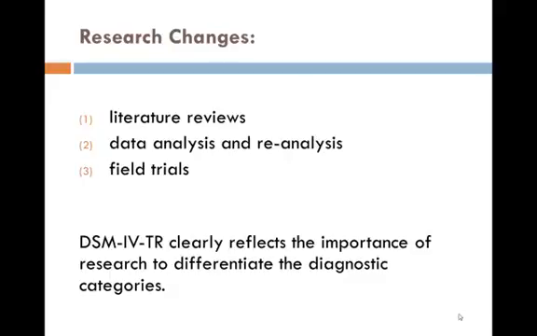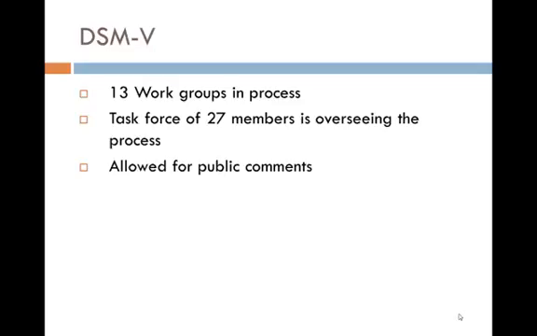So I've made reference to the DSM-5 that will be coming on the scene next year, and in an effort to ensure that the DSM has further reached its mark of proficiency and excellence, they started with 13 work groups that vigorously explored all of the different aspects of the DSM.